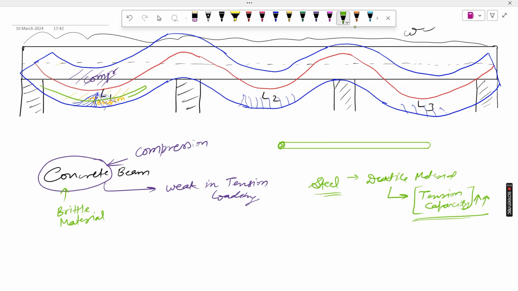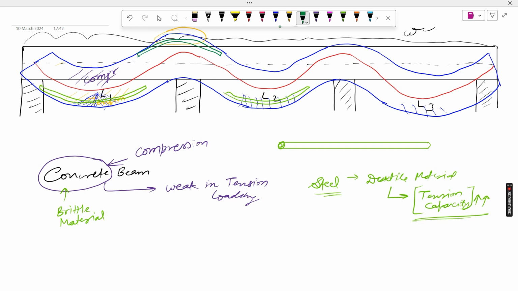So we just have to put this bar in this region. This is our steel that I have drawn here. Same in this portion also, because tension will develop in this region. And at the top surface, at the support level, tension will develop in the upper region. So there should be steel here also.